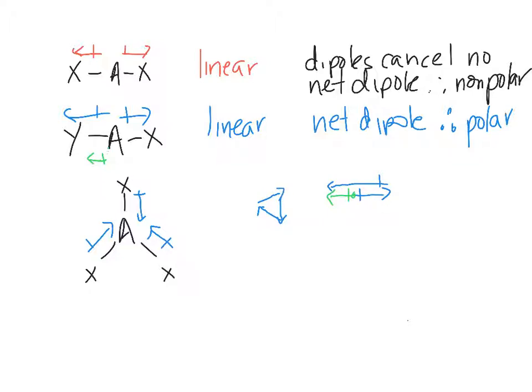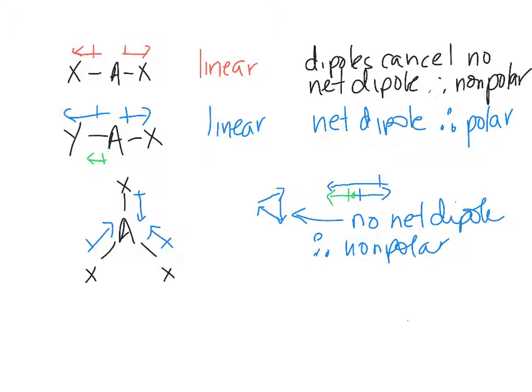So you are back where you started, so there's no net dipole. It's exactly it. It's a resultant vector. So no net dipole, therefore nonpolar. The dipoles cancel.